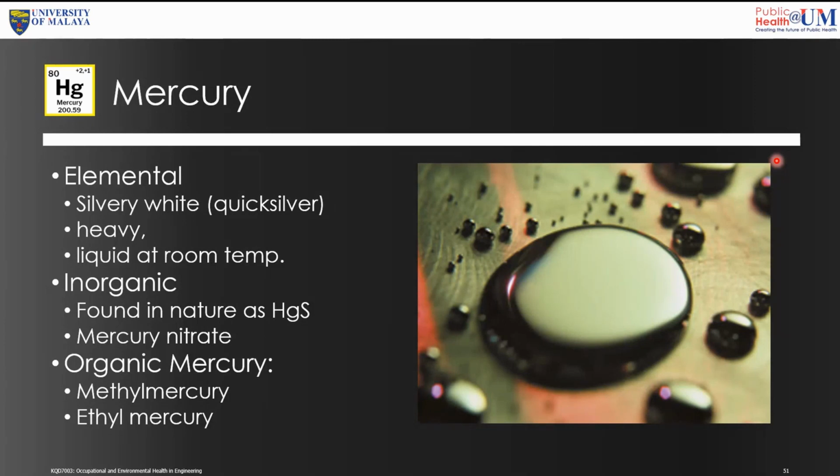They used to use it in artisanal gold extraction, in a traditional way. When you smelt mercury along with the gold and the impurities, the mercury absorbs all the impurities and you get basically pure gold out of that. And that is where the risk of mercury poisoning comes from.